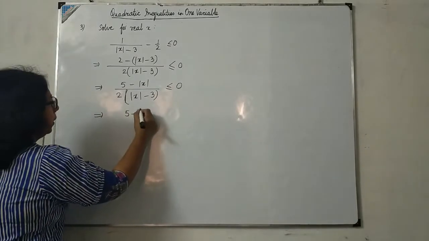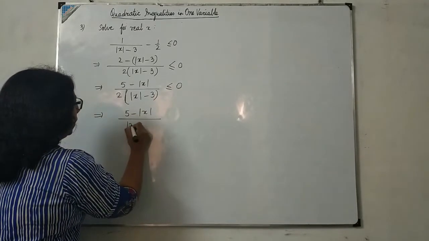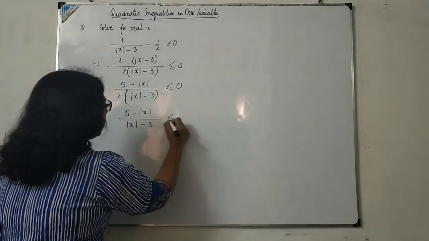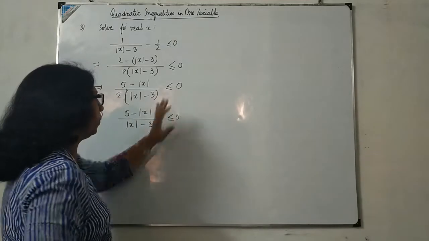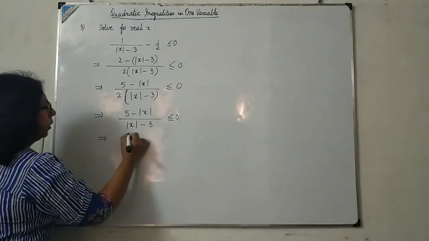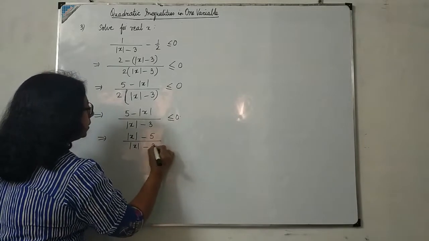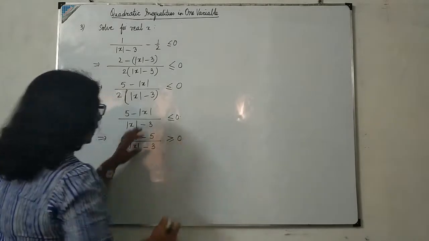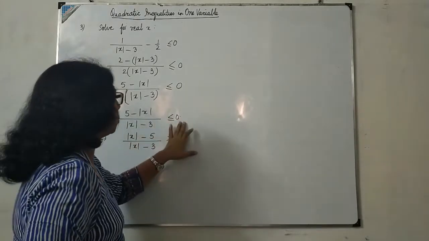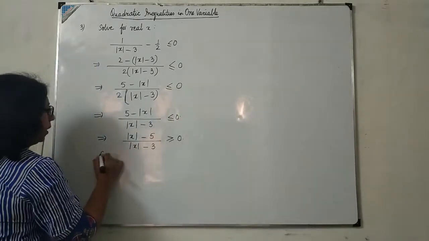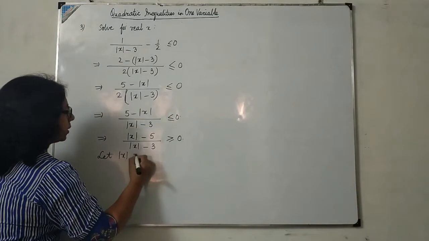Now we have further (5 - |x|)/(|x| - 3) < 0. We have multiplied both sides by 2. Now this is (|x| - 5)/(|x| - 3) ≥ 0. I have multiplied by a negative, so the sign of the inequality changes. Let us take |x| as y.